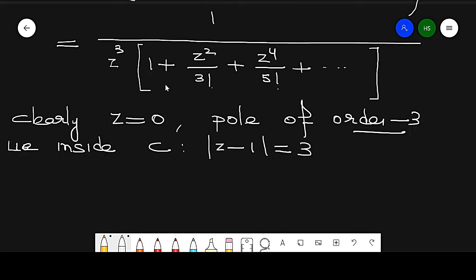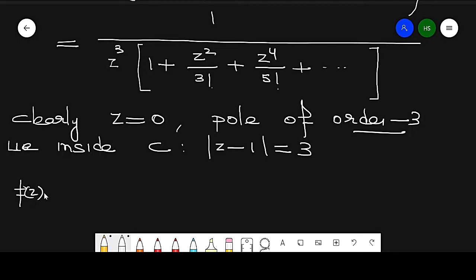Now find the residue. So what is the residue? It is the coefficient of 1 by z. So this can be expanded as a series of f of z.